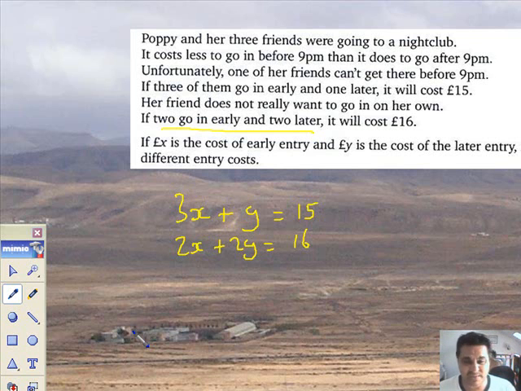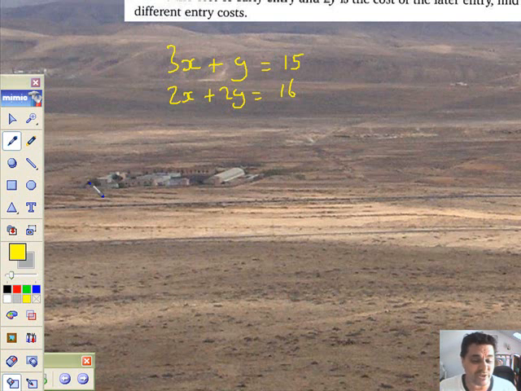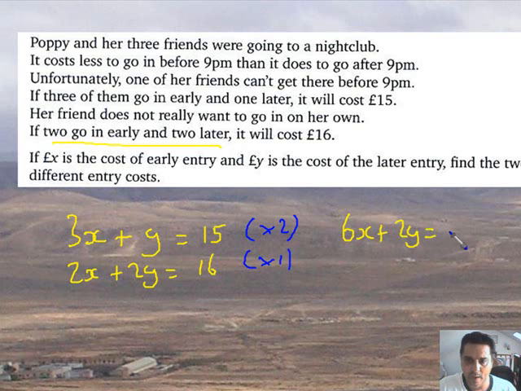It doesn't say I've got to do it by substitution, so I'm going to do it by eliminating. If I multiply this by 2 and leave this one on its own by multiplying by 1, it's an easy equation. So I've got 6x plus 2y comes to £30, and I've got 2x plus 2y comes to £16.